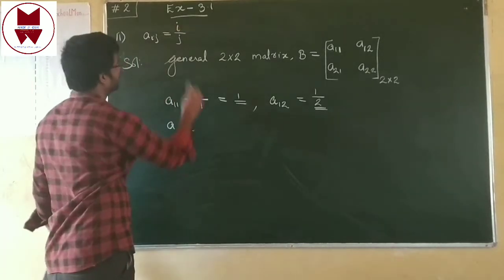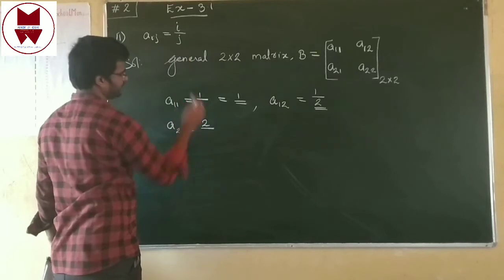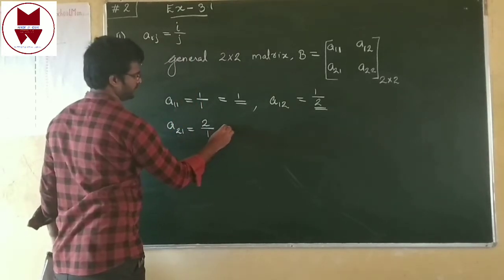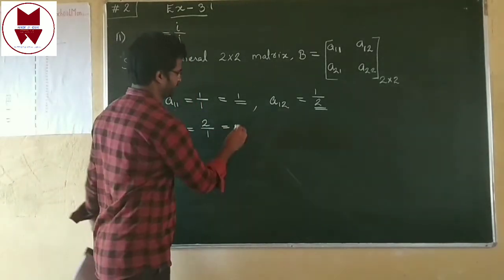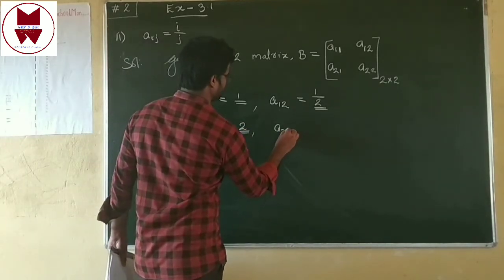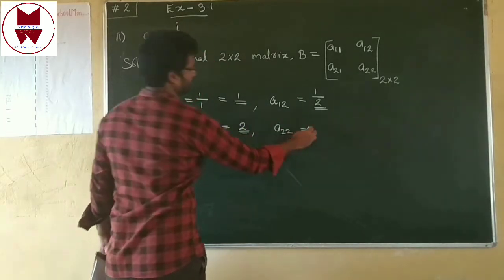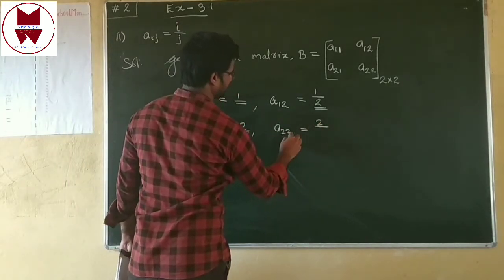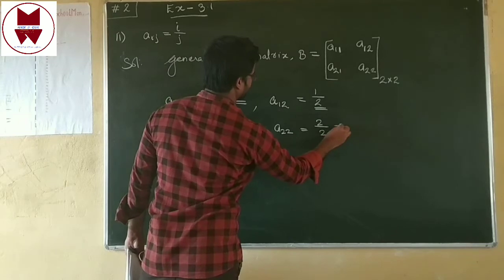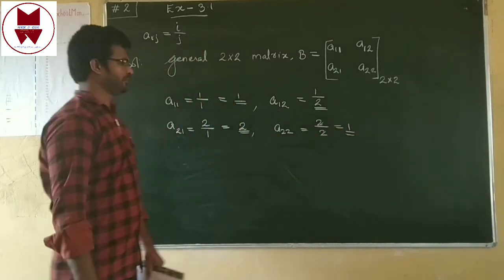Given here I is 2, divided by J, the second number, that is 1. 2 divided by 1, the answer is 2. Then the next term A22. I means 2, the first number, J also means 2. 2 divided by 2, you can cancel both, the answer is 1.